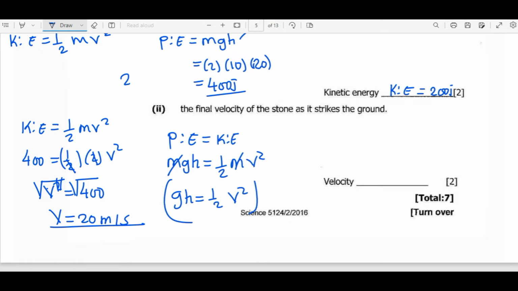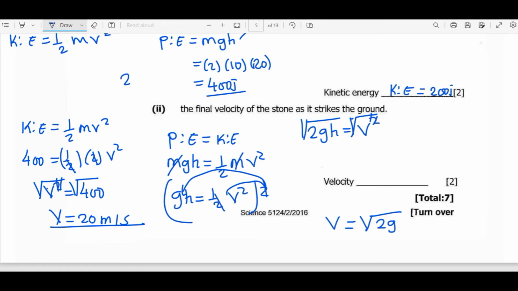So we can cross multiply, or we can multiply by 2. So 2 times this one will give us 2gh. Then 2 times this one, these two will cancel, giving us v squared. Then we can introduce the square root on both sides. I just want to give you the formula: final velocity is equal to the square root of 2gh.